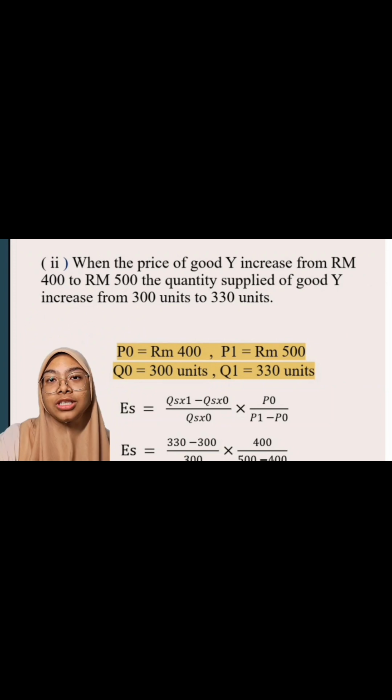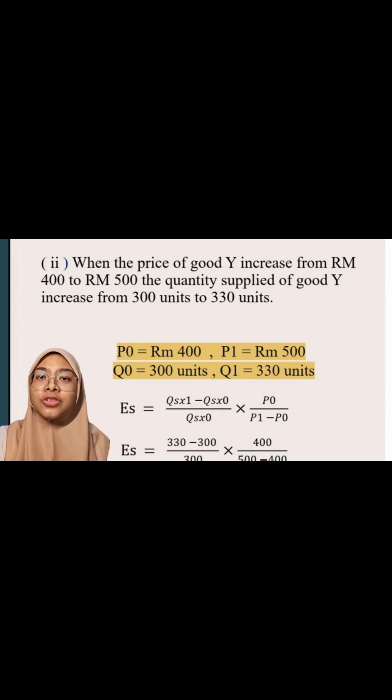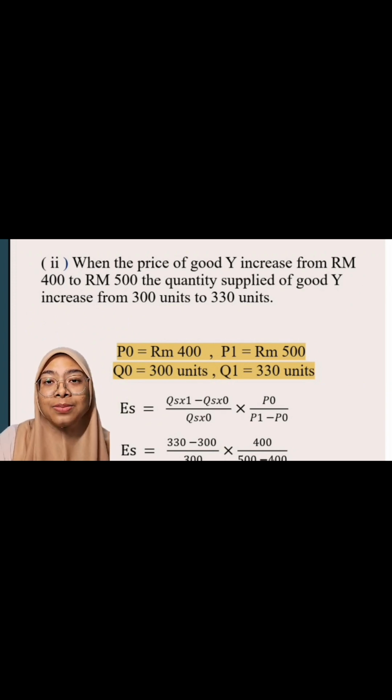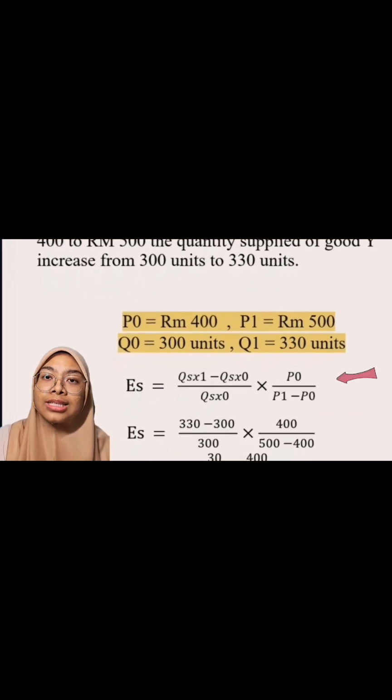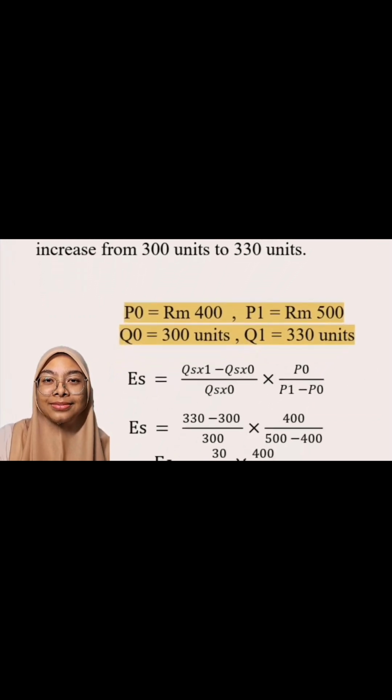Let's read the question. The question shows that good Y has a price increase from 400 ringgit to 500 ringgit. And the quantity supplied of good Y also shows a difference, which is from 300 units increased to 330 units. To find the price elasticity of supply, we still need to use the same formula as in the first question.